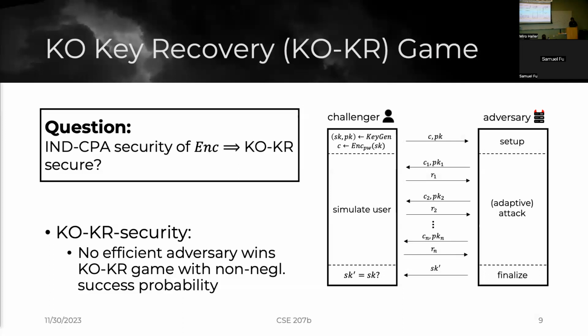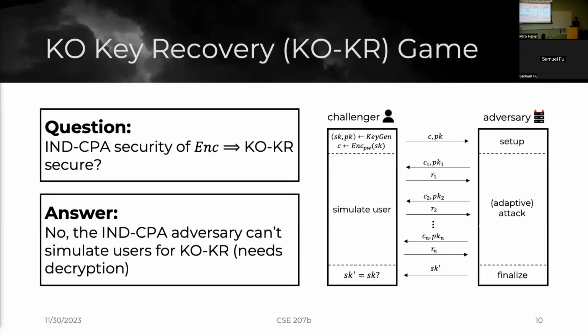All right, let me resolve this. This is actually not true. The reason is a bit technical, but we're proving the contrapositive. We're saying that if this scheme is not KOKR secure, then we show that the encryption is also not IND-CPA secure.